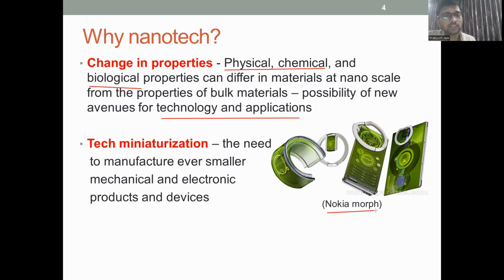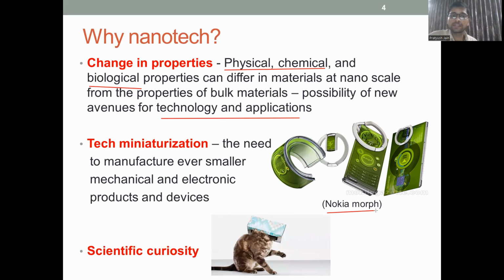This is being researched by Nokia Research Center and Cambridge University in the UK. This concept smartphone is flexible, stretchable, and transparent. Its screen can be stretched, or it can be bent according to the user's convenience. So this is an example of how nanotechnology helps us in tech miniaturization and tech modernization.